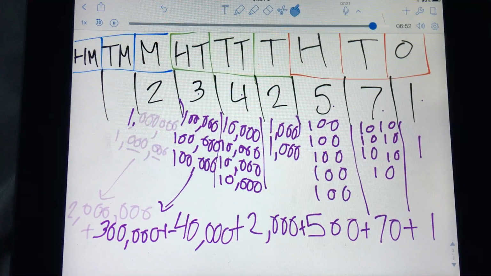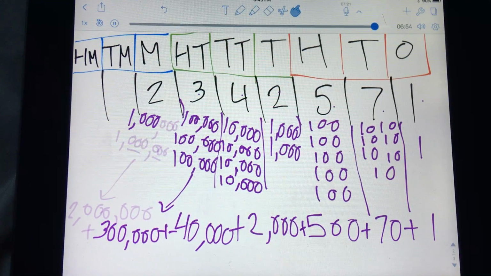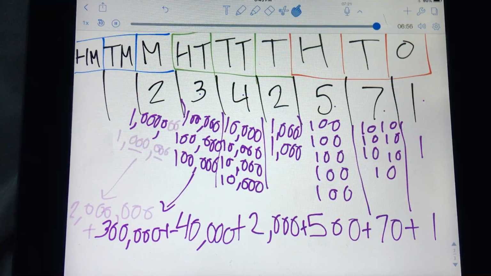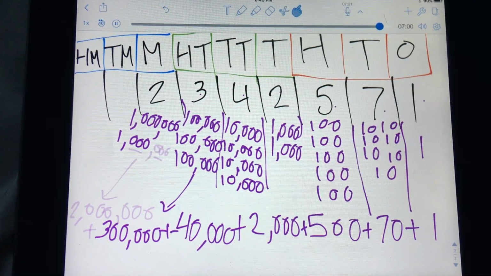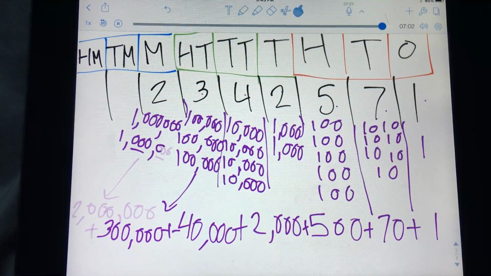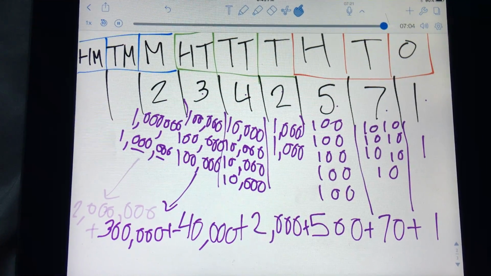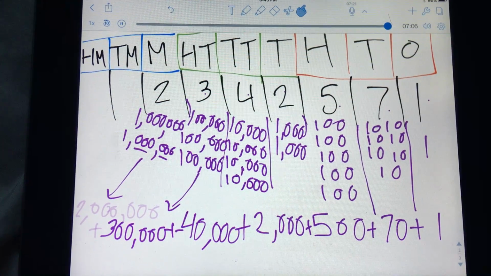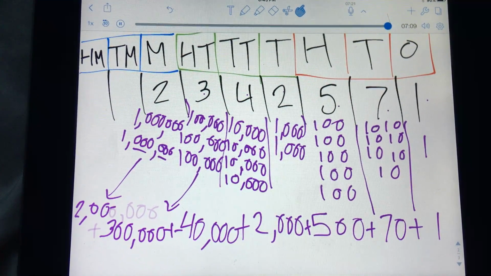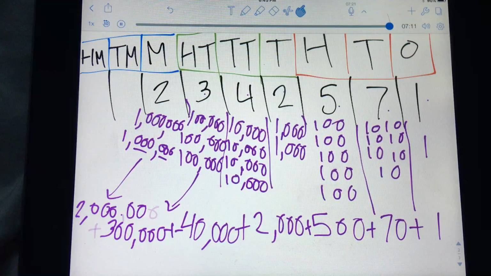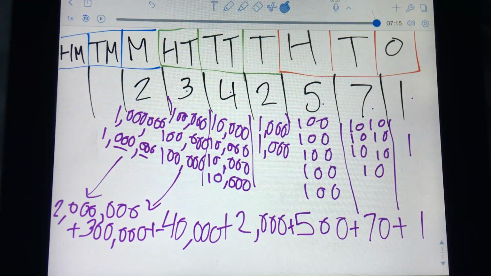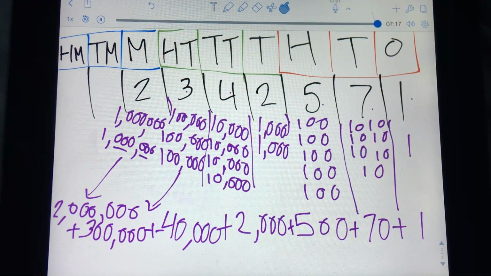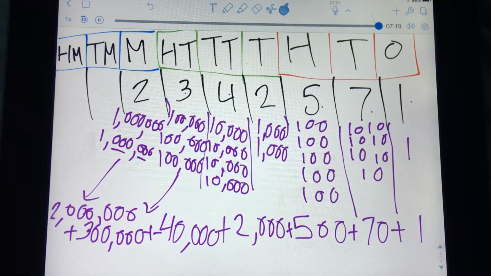Remember, million has 6 zeros. So there's thousands period, and the hundreds period. But I have 2 of them. 3 for the thousands period, 3 for the units period. And that value is 2 million. And I'm getting all squishy, so I'm going to have to just make it a little sloppy. And there you have it. Your word form, standard form, and expanded form.